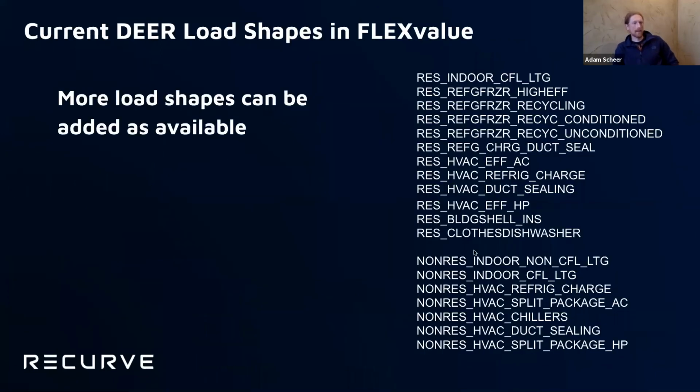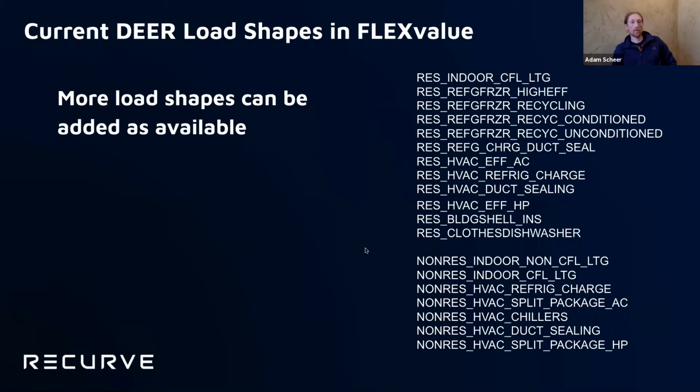Currently, we have, I think, 17 or 18 DEER load shapes that are in FLEXvalue. This is an understatement because PG&E and SCE and SDG&E and SoCalGas all have different variations on these DEER load shapes. So for example, the residential indoor CFL lighting load shape is different for PG&E versus SCE and SDG&E.